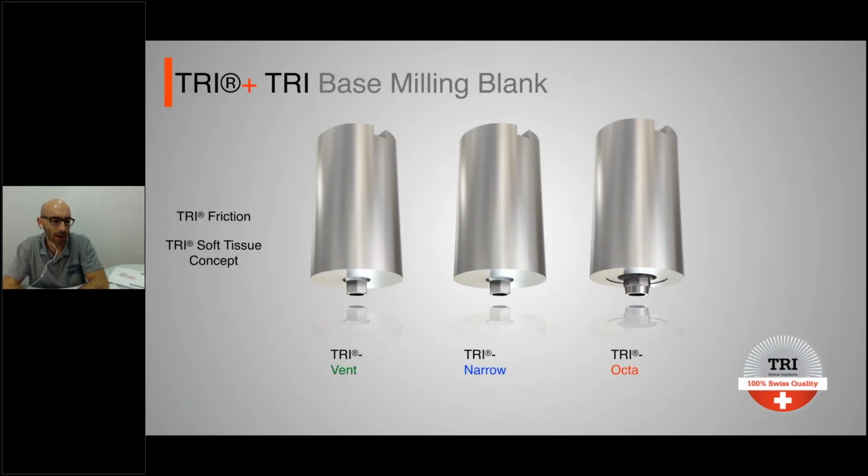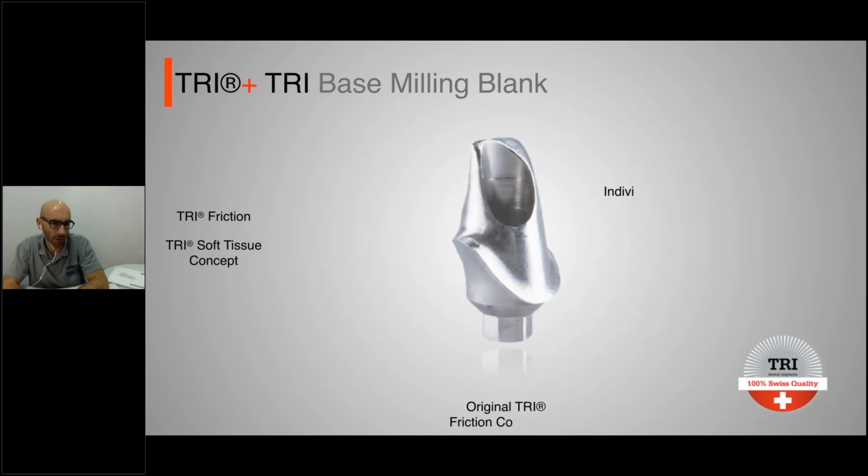Then in the 3RI digital family, we also have this base, the 3-base milling blank, where we have this original 3 friction connection. It means the connection comes from the company, and it fits so well on the implant, and you have to take care only of the soft tissue part.